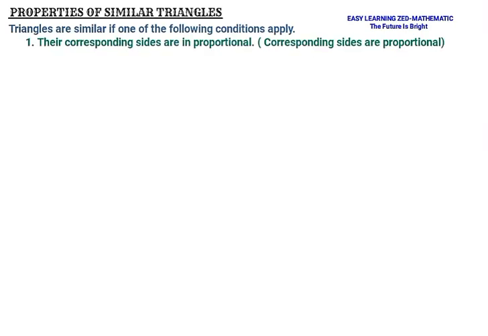Okay, so triangles are similar if one of the following conditions apply. Triangles can only be similar if, one, their corresponding sides are in proportion, meaning corresponding sides are proportional. To explain this one, let me draw these two triangles.